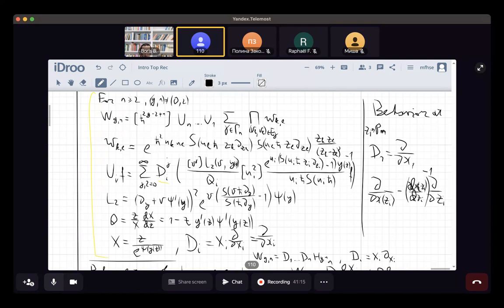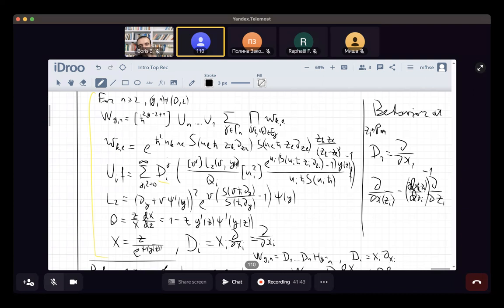So we clearly see that D1 produces poles. Q1 can also contribute to the pole, right? Because Q1 is z over x, dx over dz. Again, it has a pole that is zeros. 1 over Q1 has a pole that is zeros of dx1, right? Where else can the poles come from?